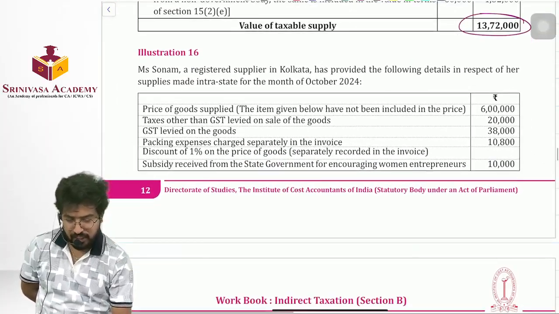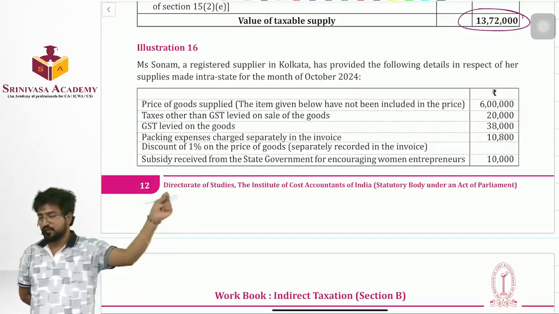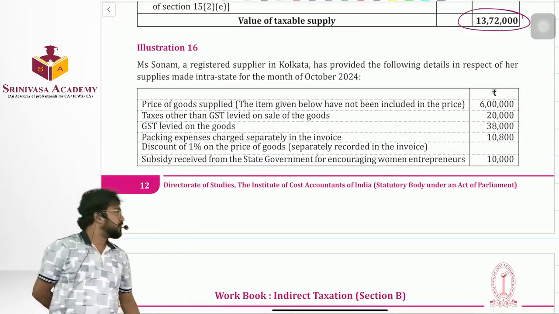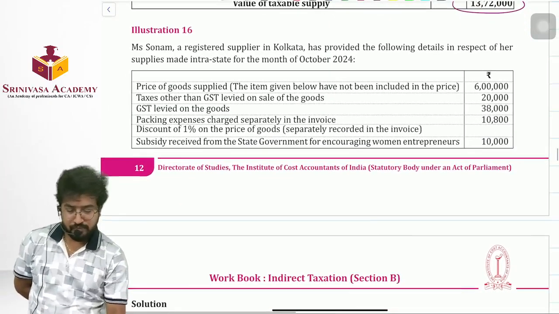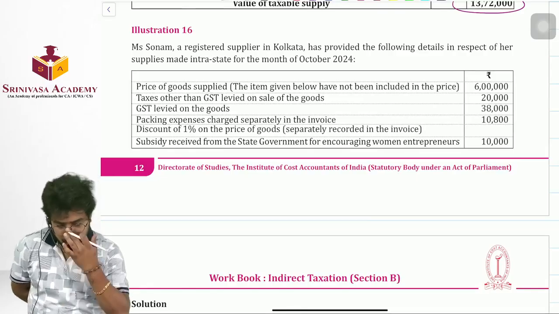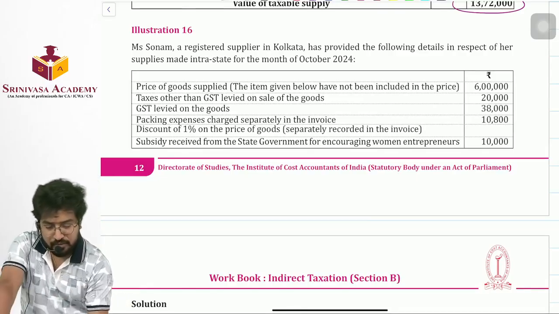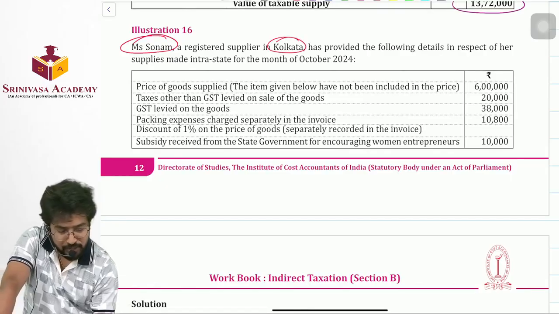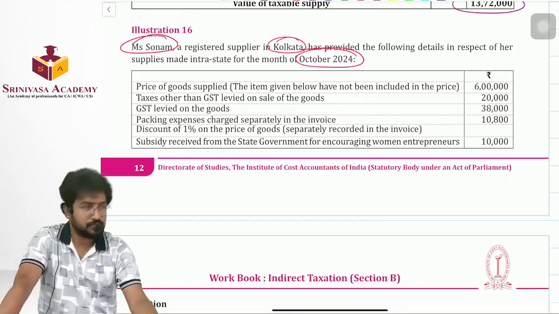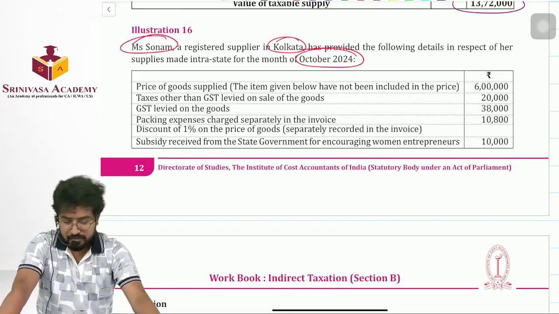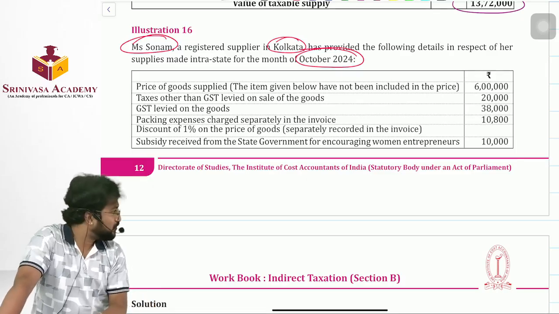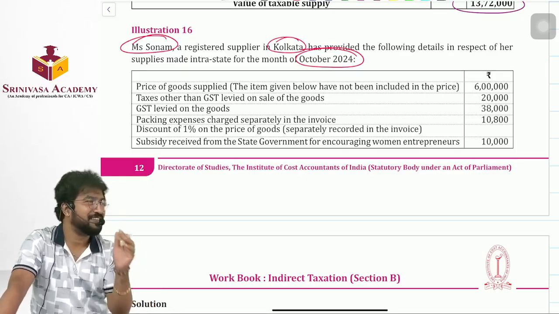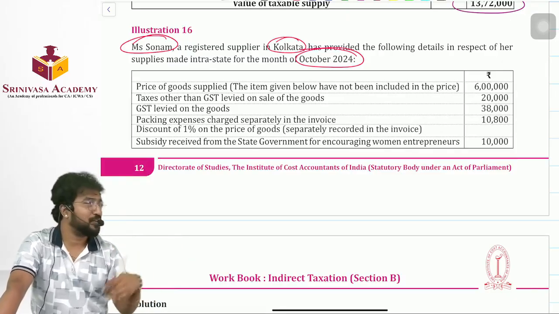Look at this last problem in this concept, then let us go with the next new concept. Let us do it together. Sonam, Kolkata, October. We are not talking about any related persons here.